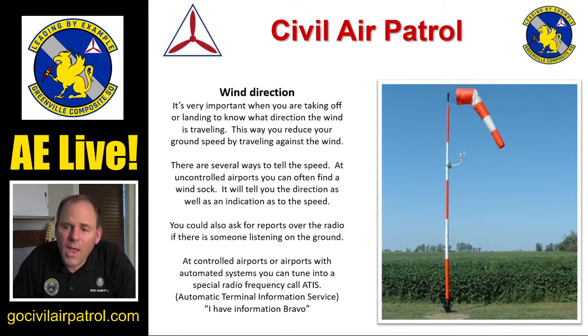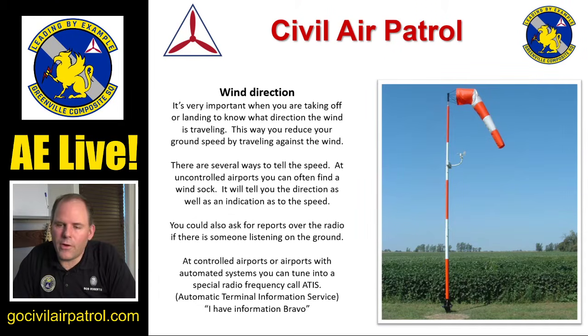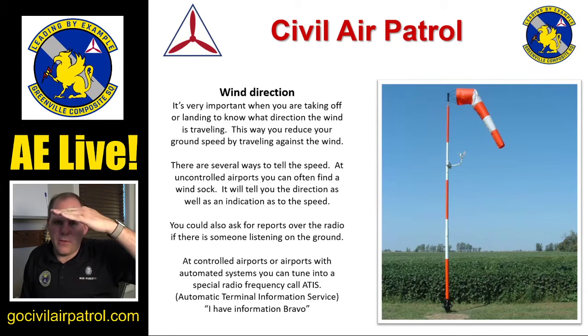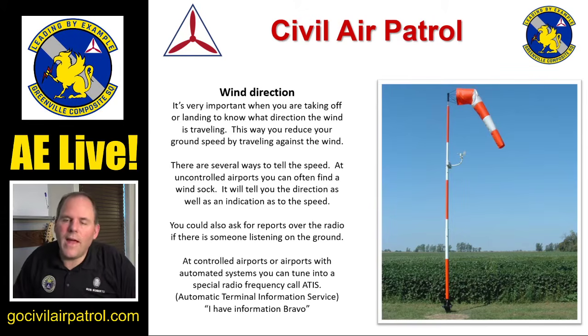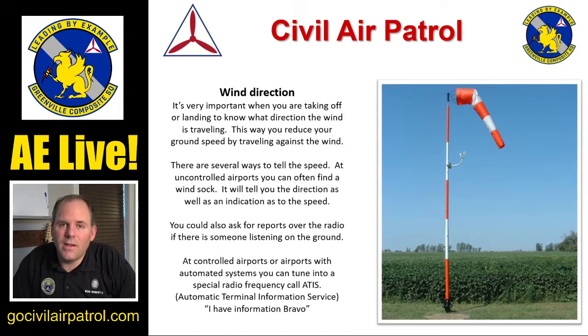And then you can tell the speed of the wind by the angle of that windsock. I forget exactly what it is, but I want to say it's about 15 knots, and that'll be fully deflected up. That's important because for a lot of general aviation aircraft, if that wind is directly across the runway at 15 knots, that might actually exceed what your airplane is able to land at.